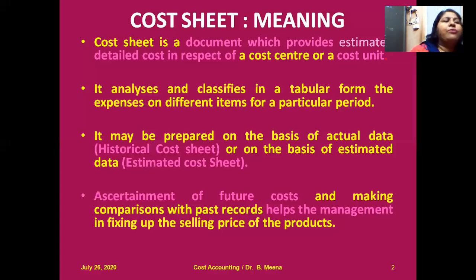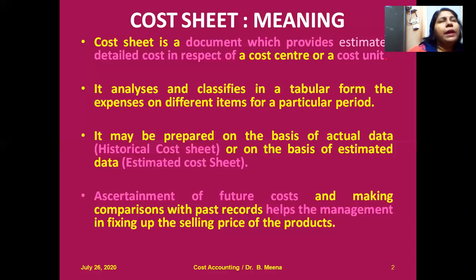Ascertainment of future costs and making comparison with the past records helps the management in fixing up the selling price of the products. Why we need to prepare a cost sheet: we are running a product factory, so we want to know what could be the cost and we need to analyze the actual.